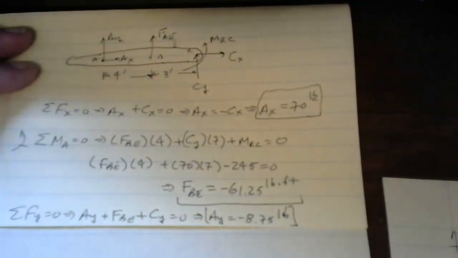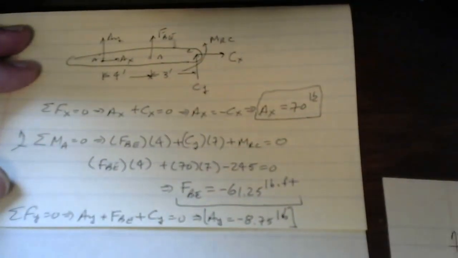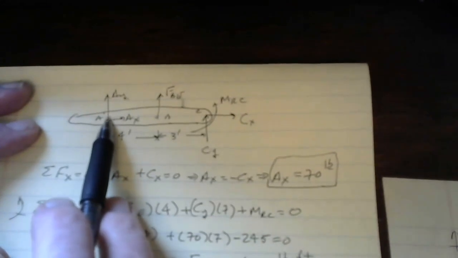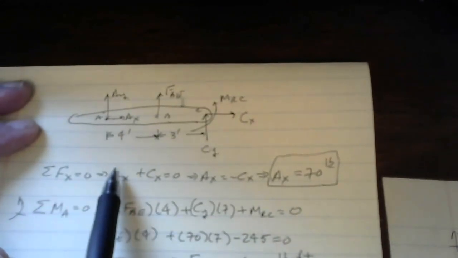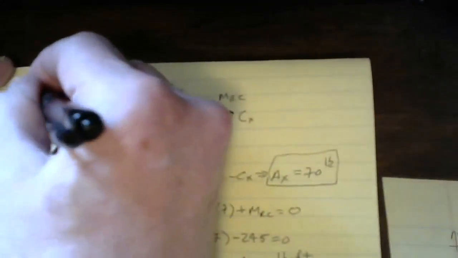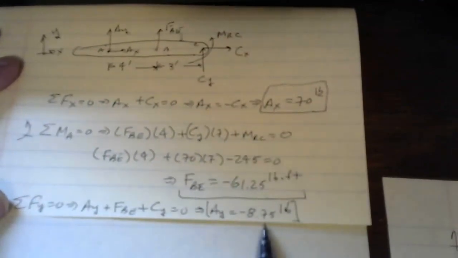Again, it's very important to understand that the arithmetic signs in front of the answers depend on what you assumed to be the direction. So for example, if I had assumed on my free body diagram that AY was in the negative direction, then the numerical value of AY would be the same, but AY would be positive 8.75.